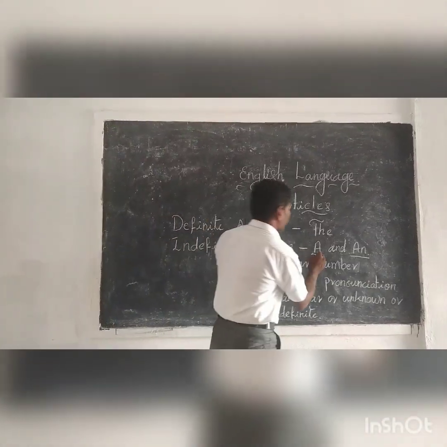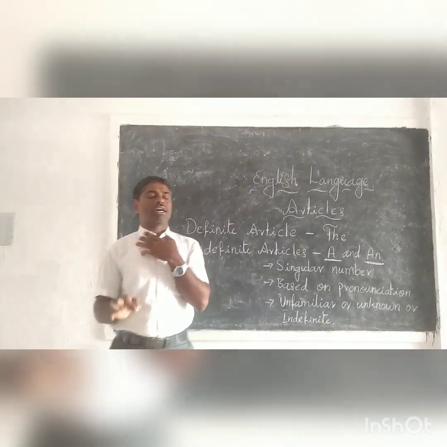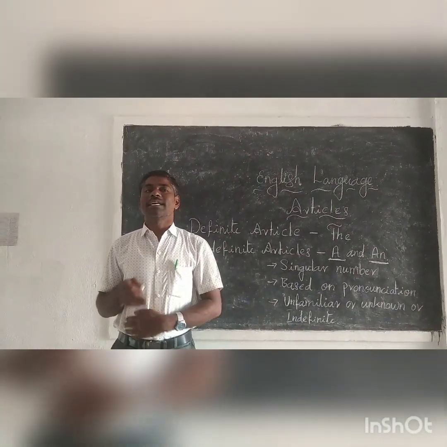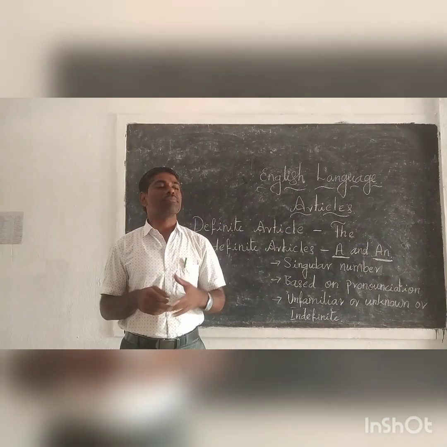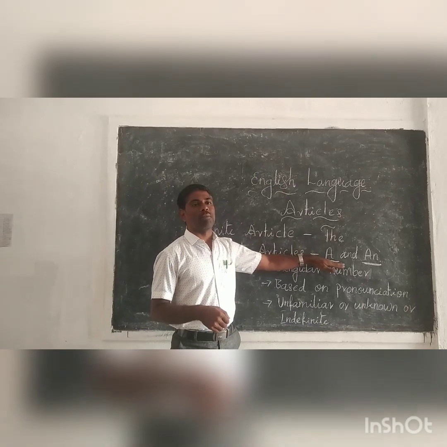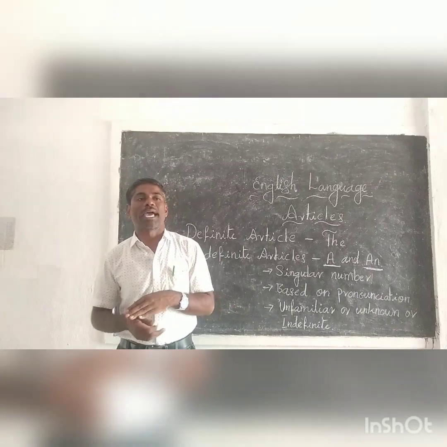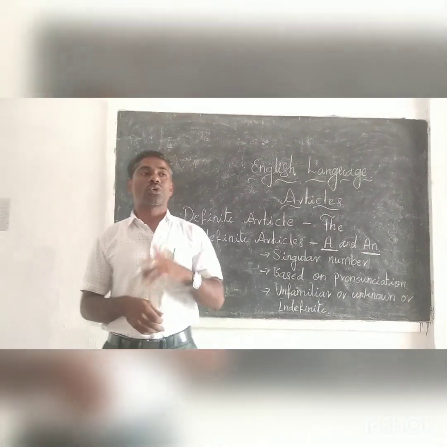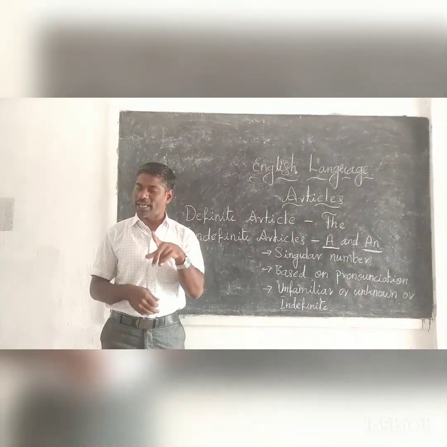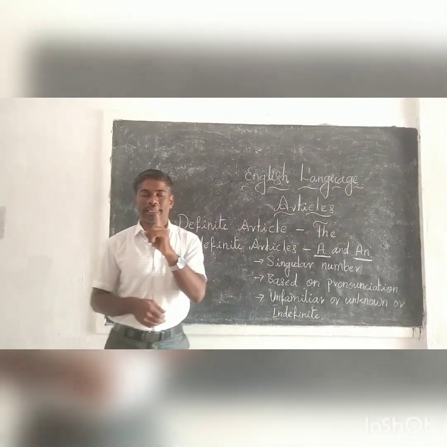So what do we mean by a and an? Both have an independent meaning, and both give the meaning one. A means a ball, a cat, a mat, a chair, a book, a man, a boy, a girl. The letter a has a good number of different pronunciations, but here a means single, one.